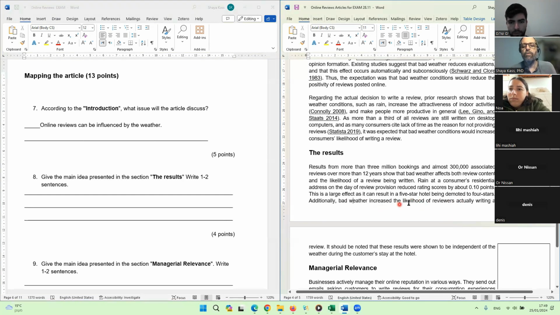Additionally, bad weather increased the likelihood of reviewers actually writing a review. It should be noted that these results were shown to be independent of the weather during the customer's stay at the hotel. So apparently they looked at people when they got home, not at the hotel. Kind of weird if you ask me, but okay.